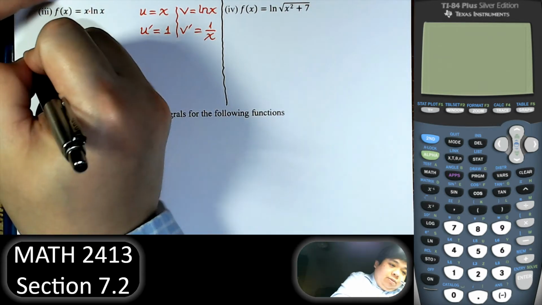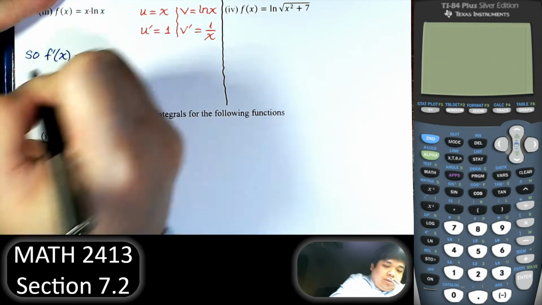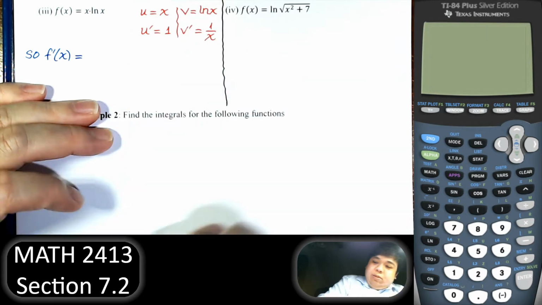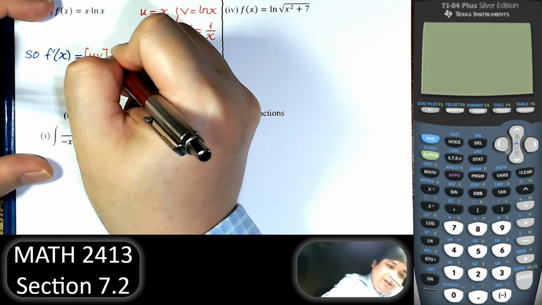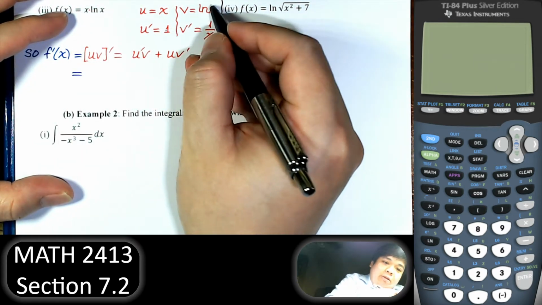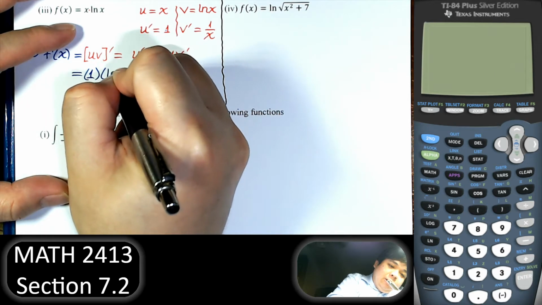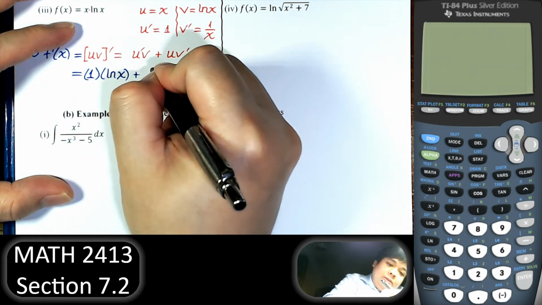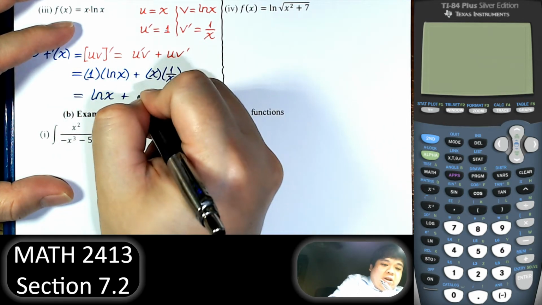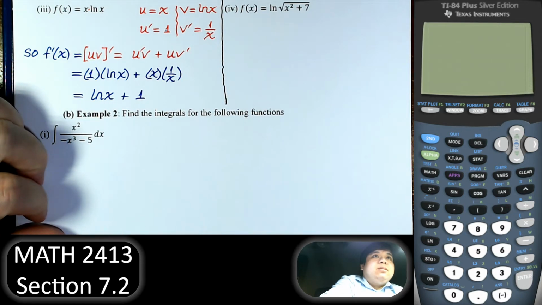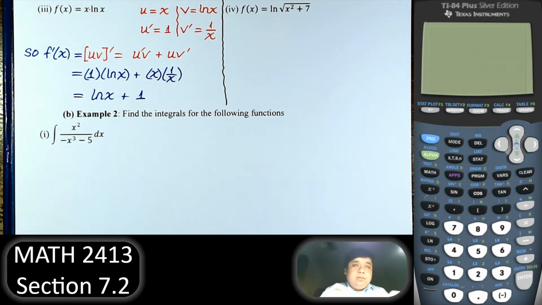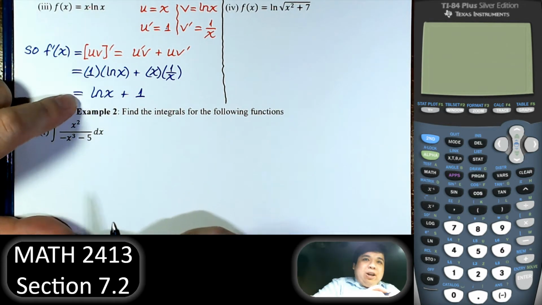And then just the product rule: u prime v plus u v prime. x and x cancel out to just 1. We might go back to this later.